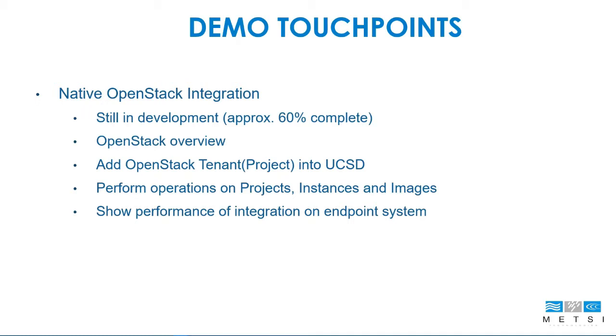Then we'll perform our first operation of adding a project, which is also a tenant within UCS Director, to OpenStack. After that, we'll perform some operations to create another project. Later on, we'll show you what will happen with instances and images as well. Whilst this is all happening, we would like to draw some attention to the performance of our integration.